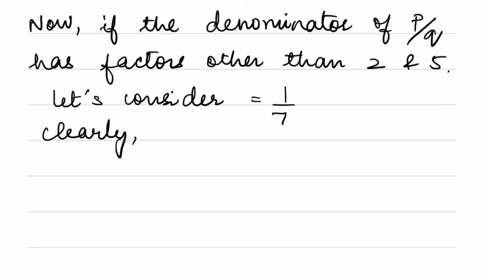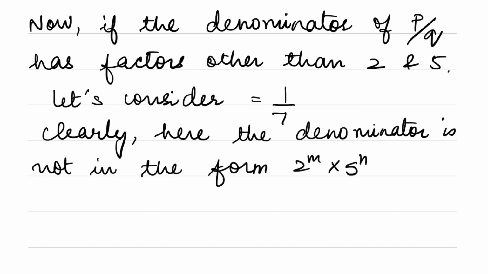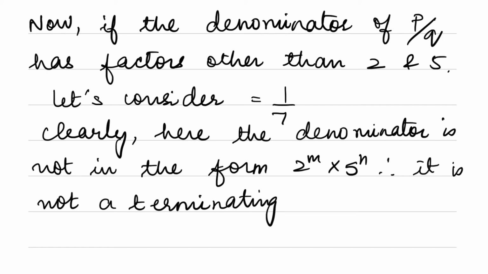Clearly here the denominator is not in the form 2 raised to the power m and 5 raised to the power n. Therefore, it is not a terminating decimal expansion.